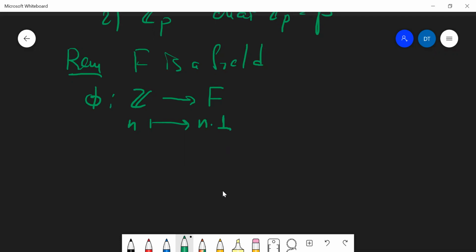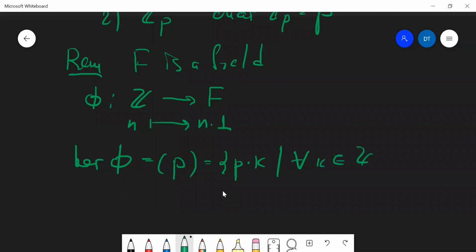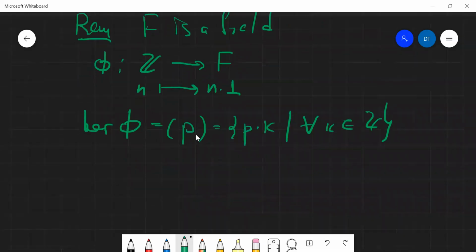Then the kernel of phi is an ideal of Z, and we know that any ideal is generated by some natural number. So the ideal generated by P, which means P times K for K in Z. And what is this P?